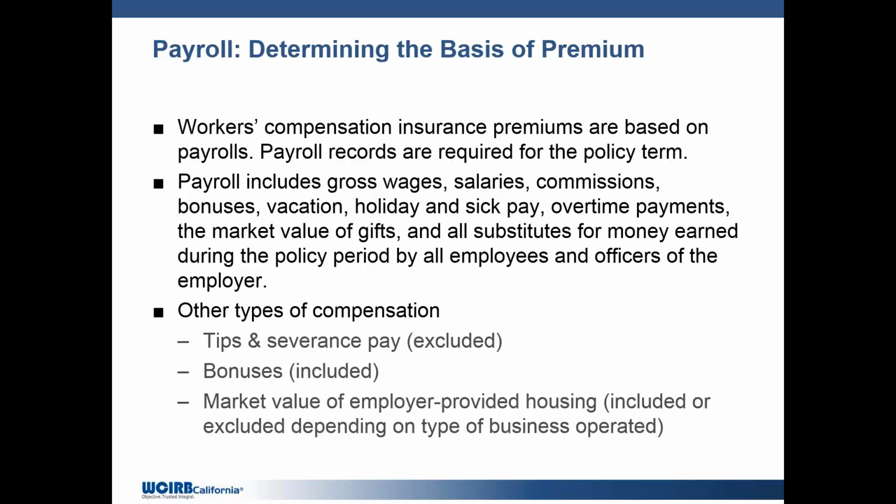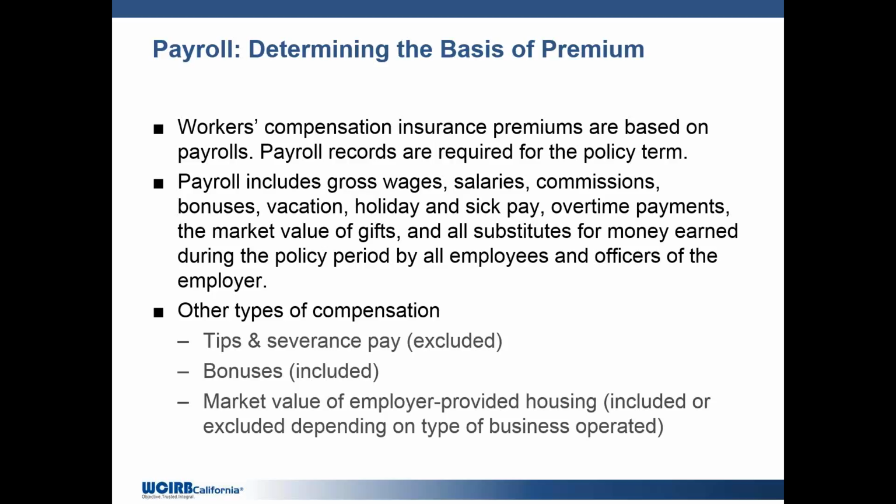Other types of compensation may or may not be included in the remuneration or the payroll. So let's talk about those for a moment. If we have an employer and they have tips, or they have severance pay that were paid to workers that are no longer in their employment, those items can be excluded from the premium computation.